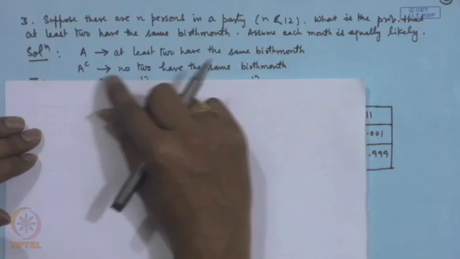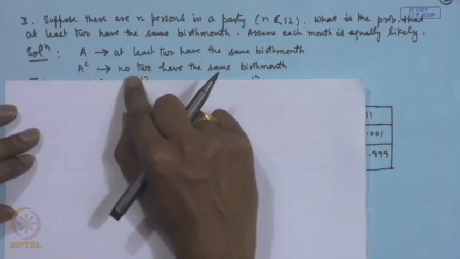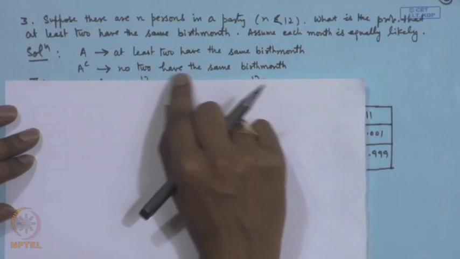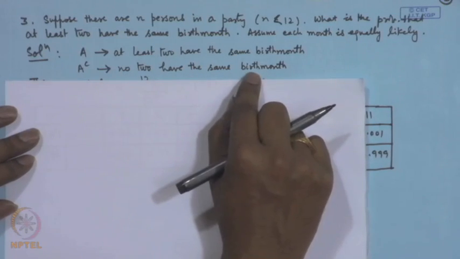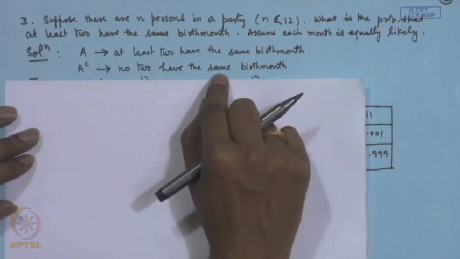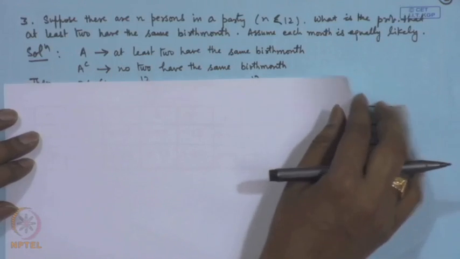So, this will be slightly lengthy expression, or you can say lengthy description of the event. If we take the complementary event, it is much simpler, because we are simply saying that each of them has a distinct birth month. So, it will be easier to find out the probability of A complement in this case.